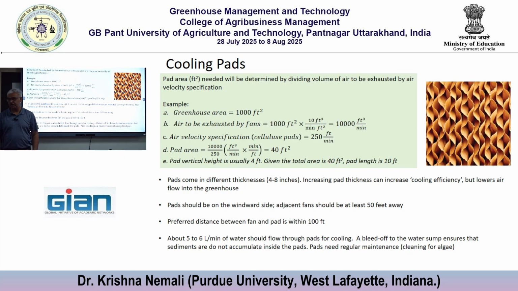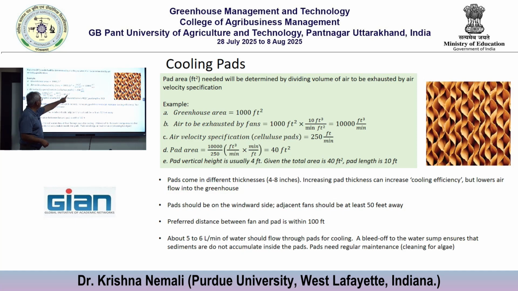So you need to know that information. You get it from the manufacturer of the pads. You should ask them, I'm buying from you, give me your product's air velocity specification. If you are buying Aspen, another product, it's lower. It's maybe 200 feet per minute.